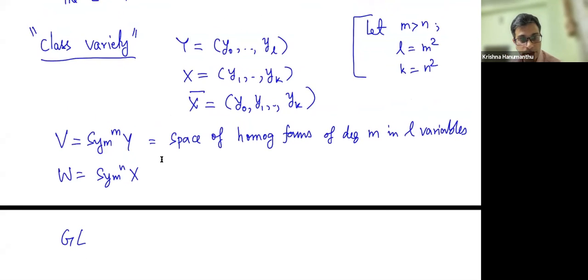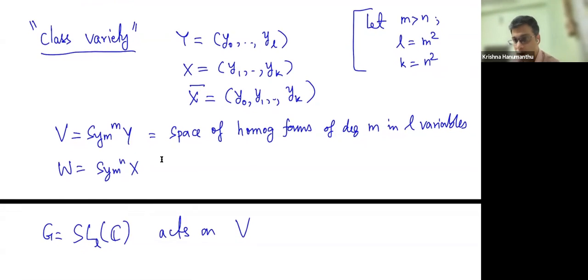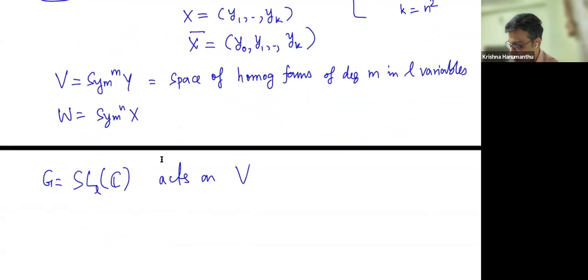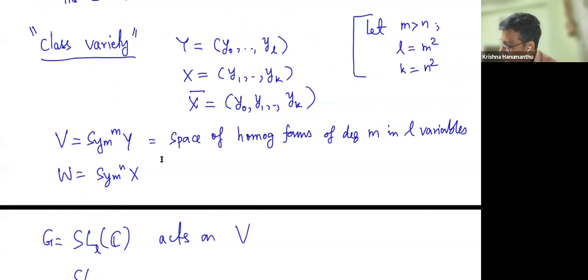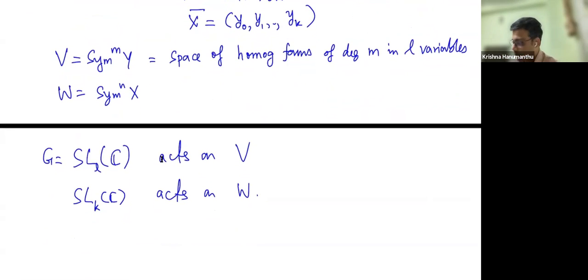Of course, if you take SL_L(C), let's call this G, it acts on V, right? Because V is an L-tuple, you can multiply by an L by L matrix. And similarly, SL_k(C) acts on W. Okay, and we have a map.